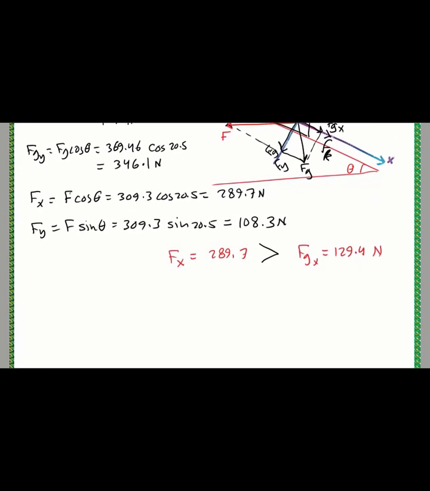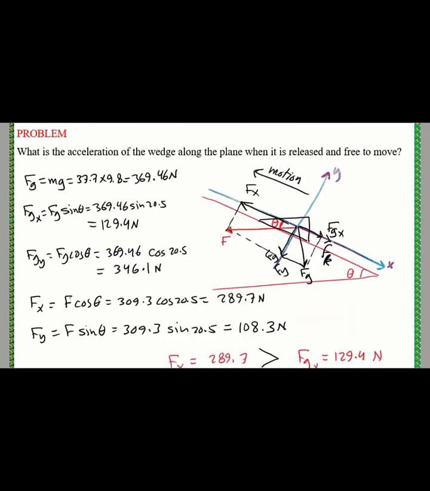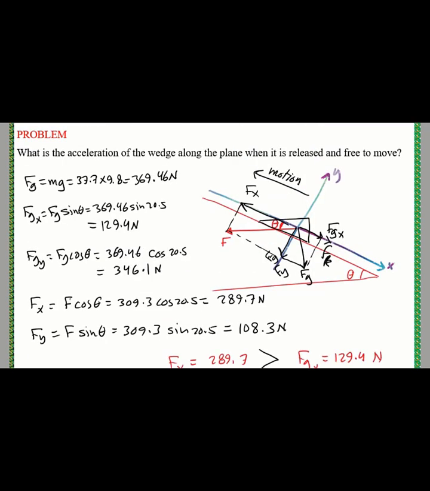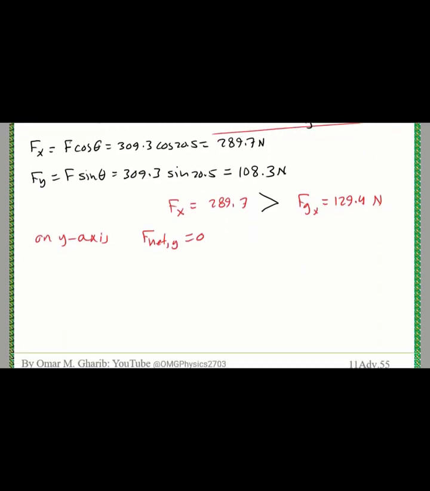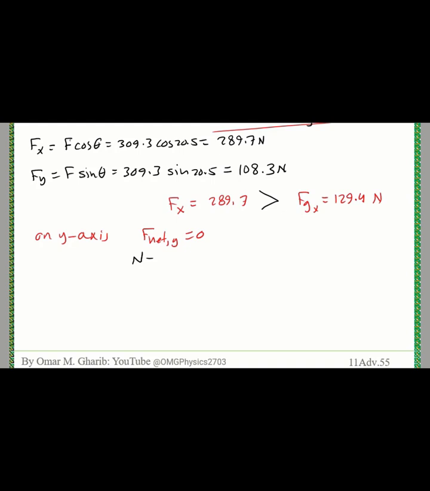Now we need to find Fk. It's easy. On the y-axis, put F net on y equals 0. On the y-axis we have the normal force upward like this, and Fgy and Fy downward. So N minus Fgy minus Fy equals 0.